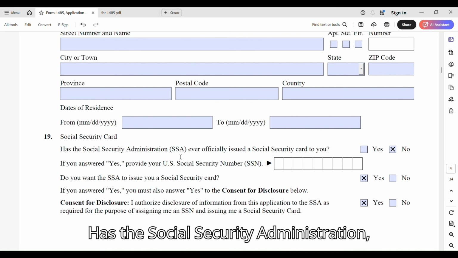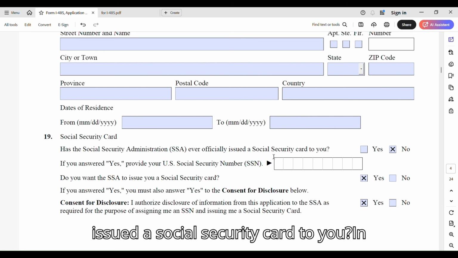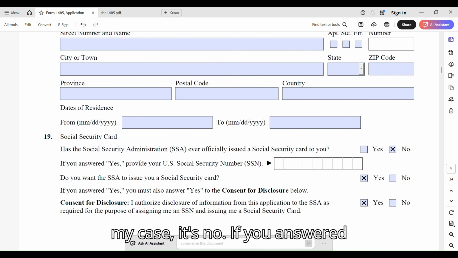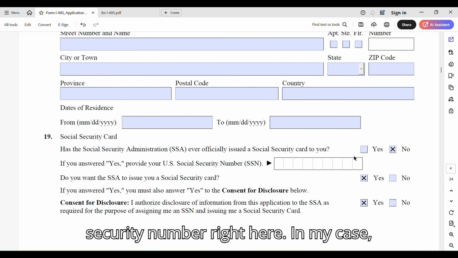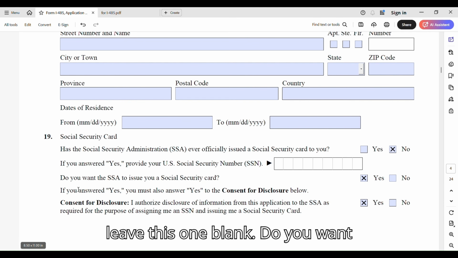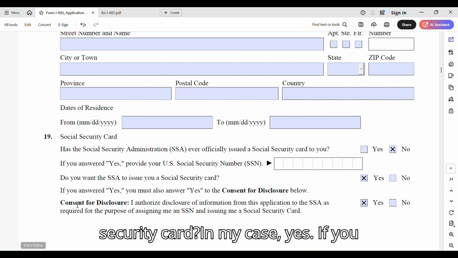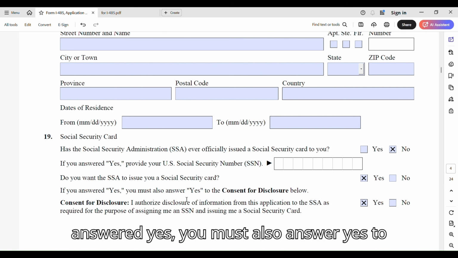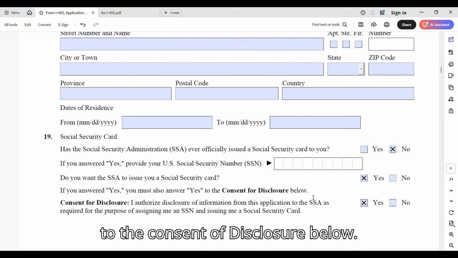Has the Social Security Administration, SSA, ever officially issued a Social Security card to you? In my case, no. If you answered yes, provide your US Social Security number right here. In my case, she does not have one, so I'm going to leave this one blank. Do you want the SSA to issue a Social Security card? In my case, yes. If you answered yes, you must also answer yes to the consent for disclosure below.